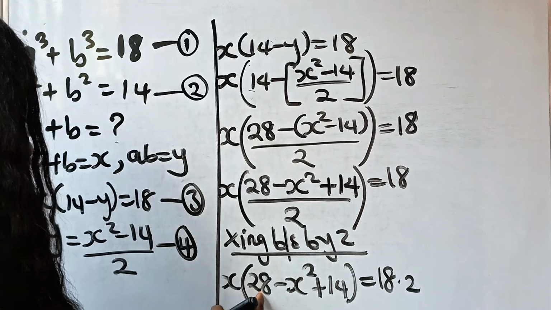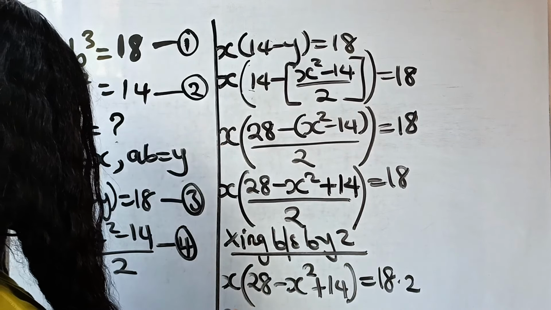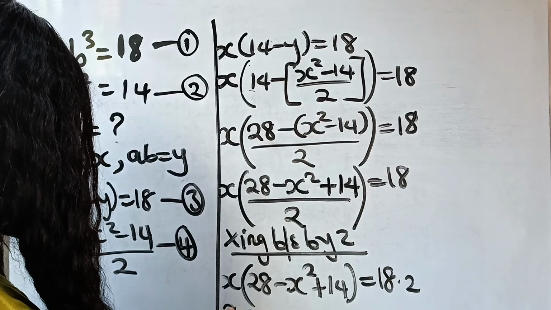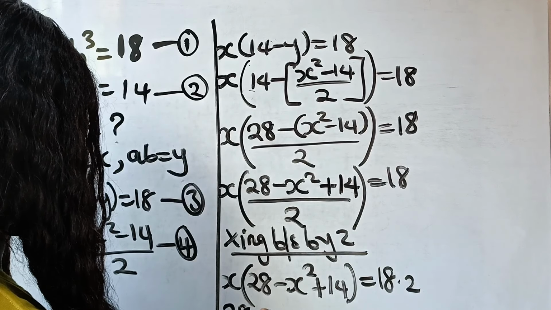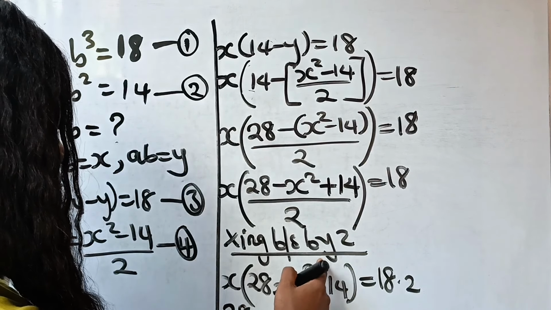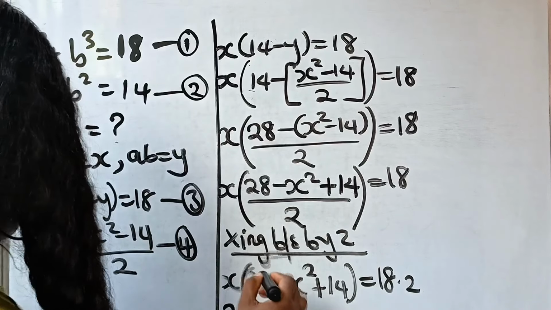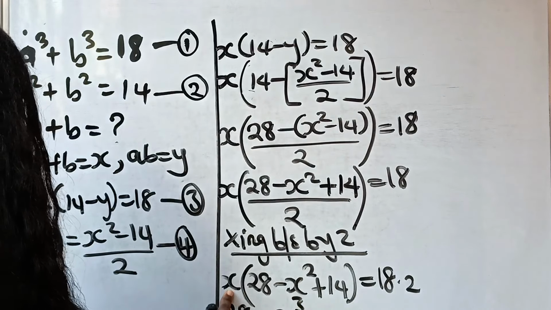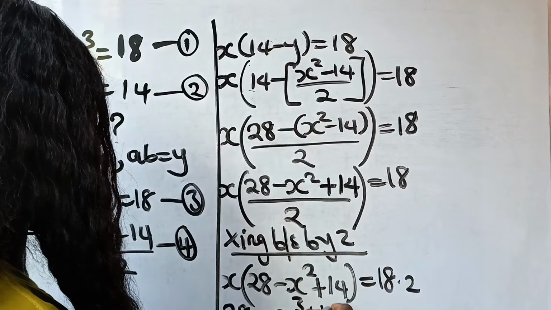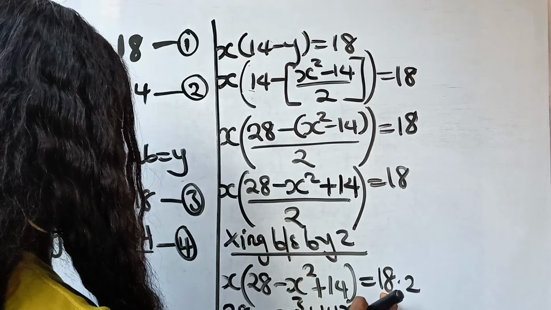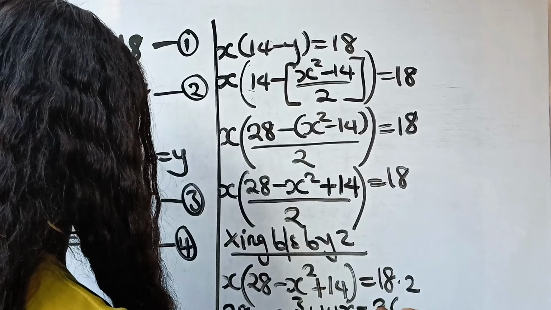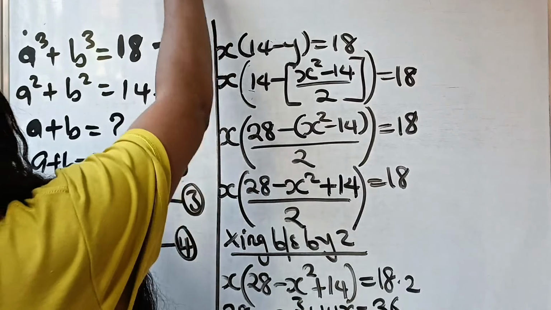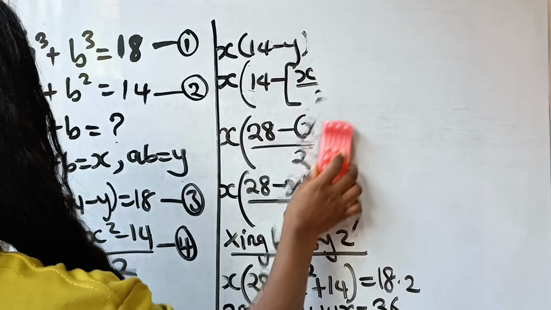If we do that, we have 28 times x, which is 28x, x times minus x squared is minus x cubed, and x times 14 is plus 14x is equal to 18 times 2 is 36. All right, are we together?